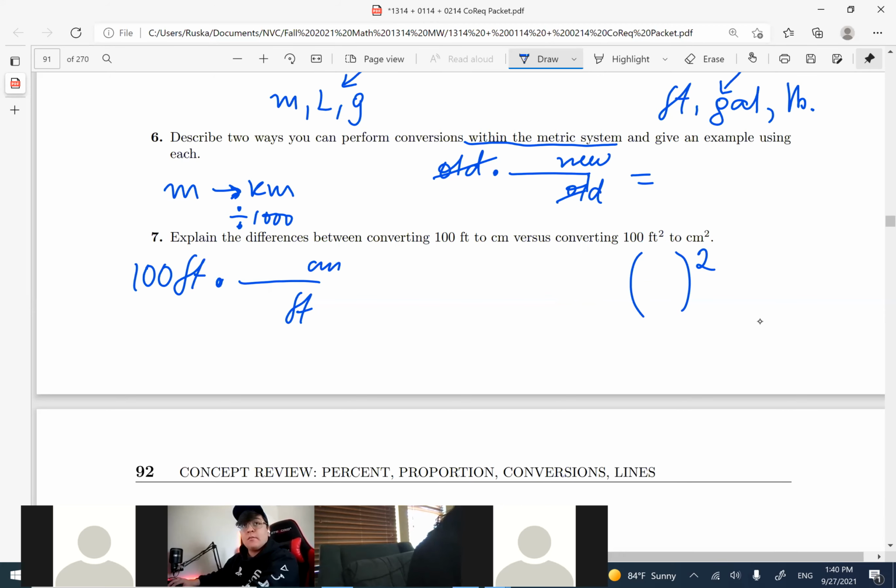Wouldn't it go to inches and then centimeters?